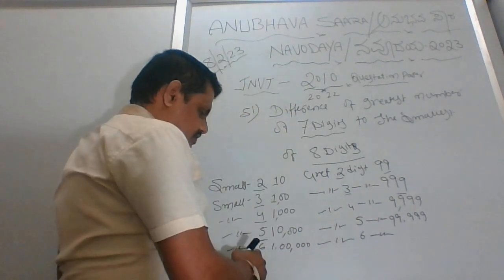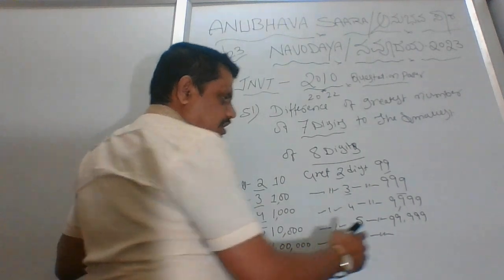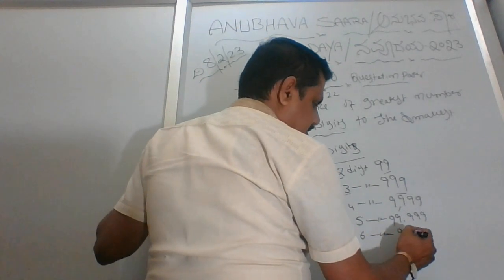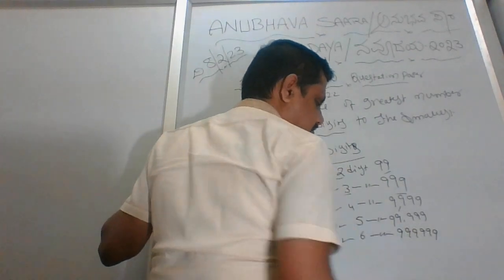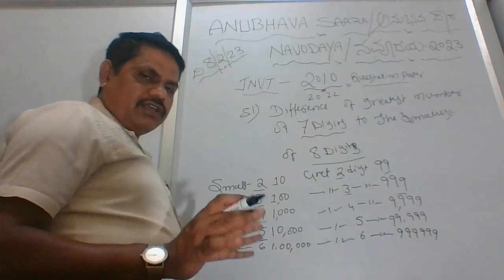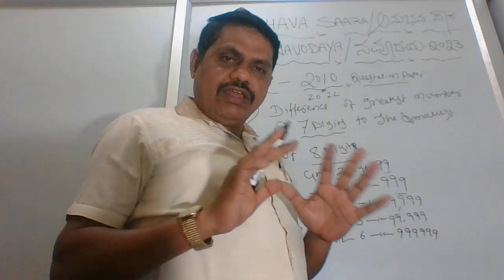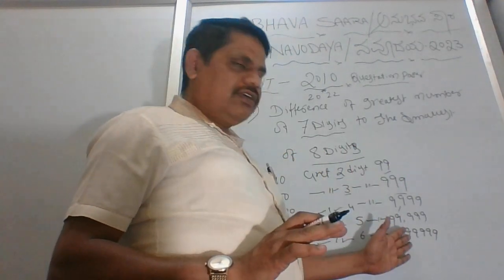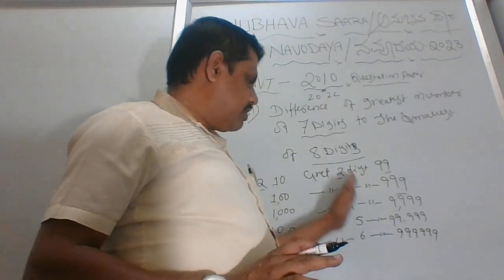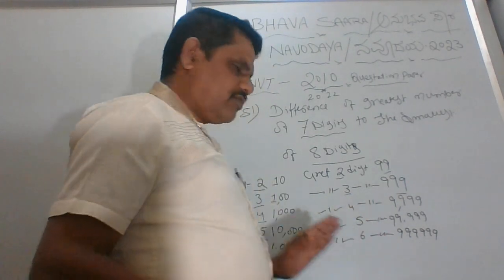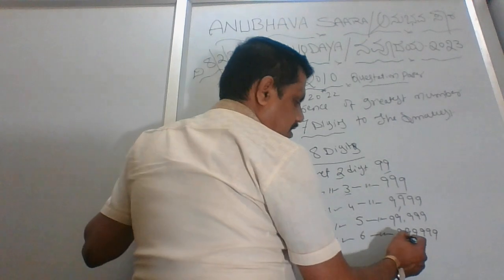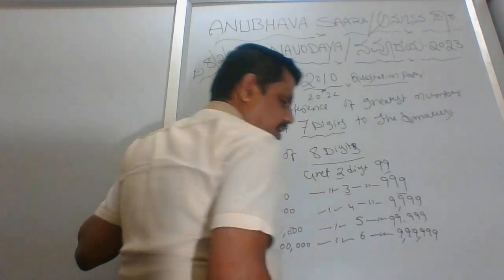Okay. So for 6 digits, I will just make it 6 digits: 3, 4, 5, 6. I'm not going to think or analyze anything, I just blindly put it, increasing one by one because I'm increasing the digits here. The same thing I'm going to do here: 9,99,999.